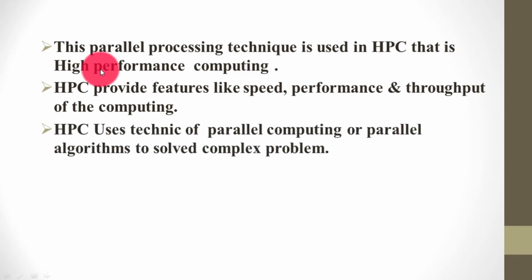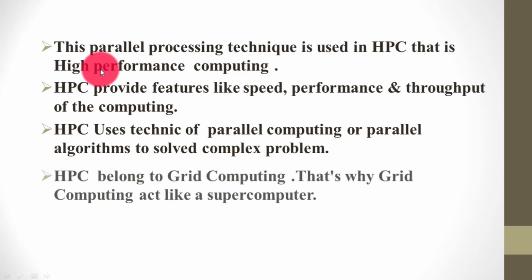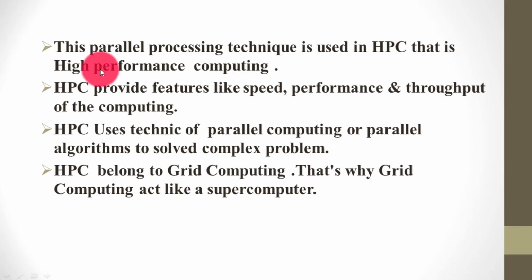HPC uses the techniques of parallel computing, or parallel algorithms, to solve a complex problem. All of you know that a complex problem can be solved by a supercomputer, or there is one more technique called grid computing, and this HPC belongs to grid computing. That's why grid computing acts like a supercomputer.